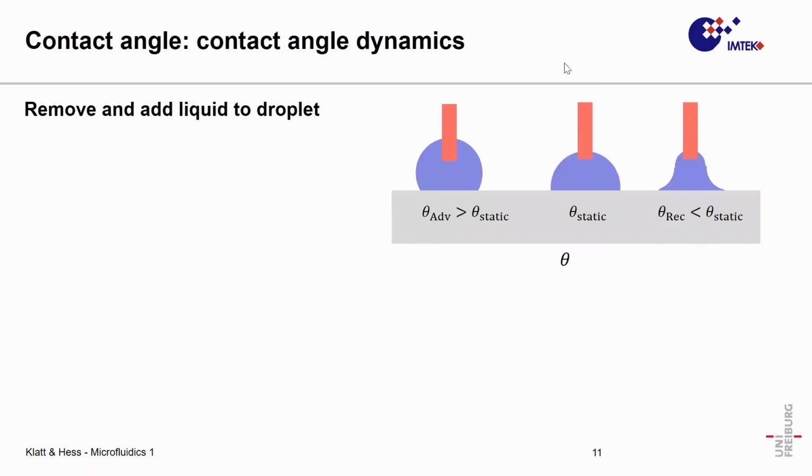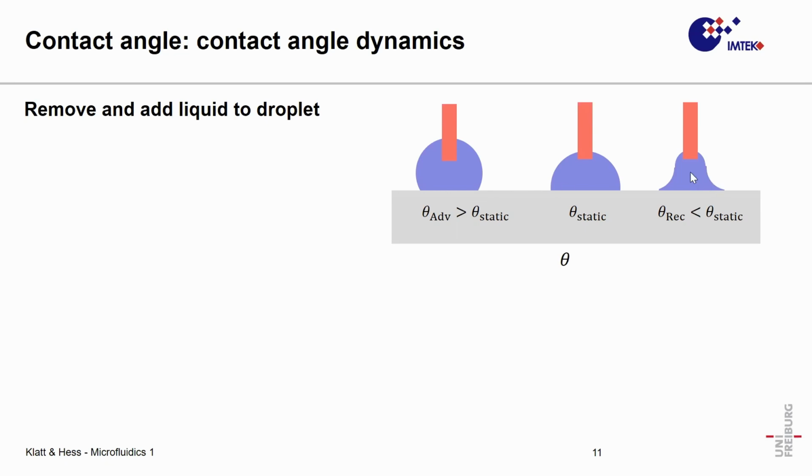Let's now consider a very simple experiment. On the right-hand side, you can see the general setup of the experiment. So you have a droplet of liquid and a capillary that can inject or remove liquid from this droplet. And what you observe in reality is that if you add liquid to the droplet, the contact angle gets bigger than it is in a static case.